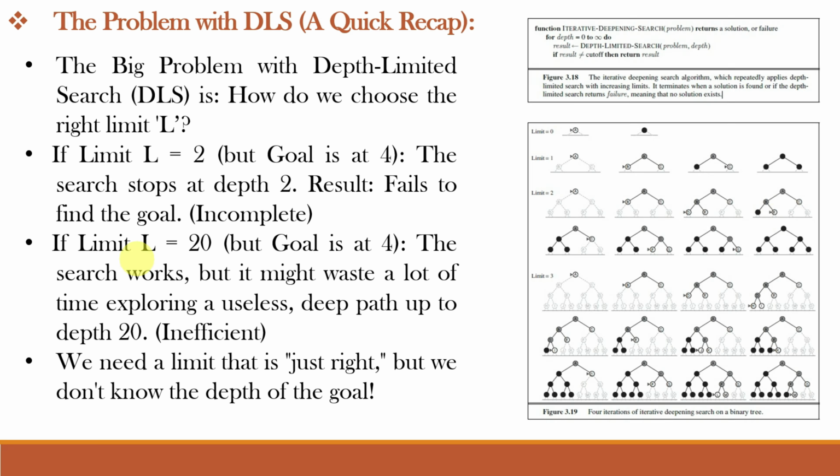On the other hand, if we set the limit too high, like 20, the search would run, but it might behave just like plain DFS and waste a lot of time going unnecessarily deep, even though the goal was much closer. So the real issue is that we have to guess the correct limit, and without knowing where the goal lies, choosing that perfect limit becomes almost impossible.